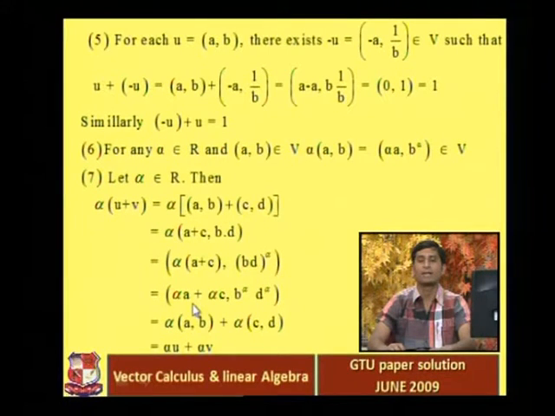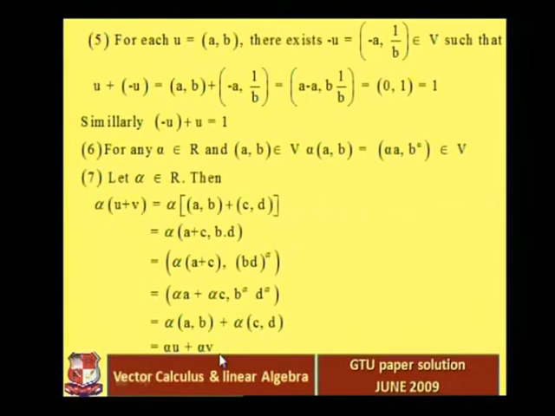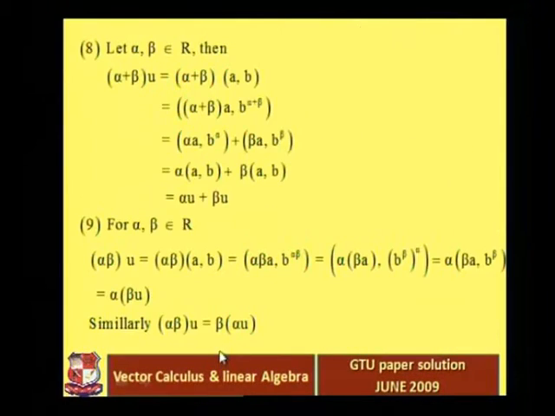So that can be expanded: (alpha a, b raised to alpha) is alpha into (a, b), and (alpha c, d raised to alpha) is alpha into (c, d). So alpha into u plus alpha into v. So we can easily prove that alpha into (u plus v) is equal to alpha into u plus alpha into v. Okay, so the seventh condition for the vector space is also satisfied.